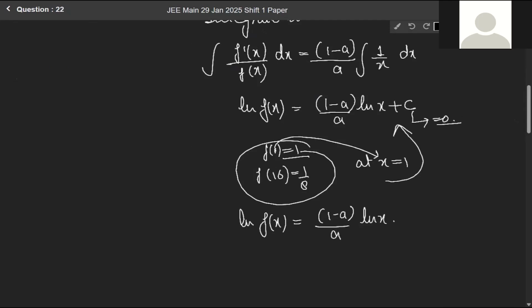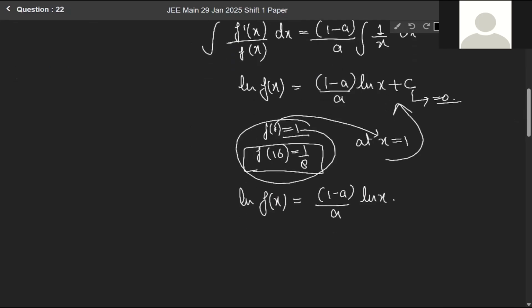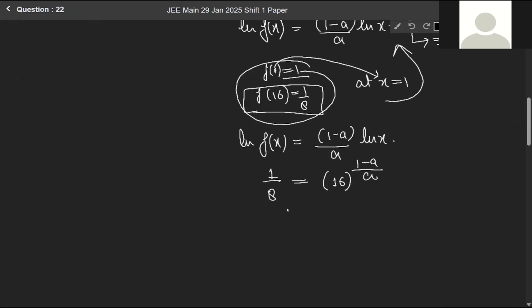Okay. Now also we are given that f(16) equals 1 over 8. So we write here 16 raised to the power (1 minus a) over a. So solving it, we get 2 to the power minus 3 will be equal to 2 raised to the power (4 minus 4a) over a.